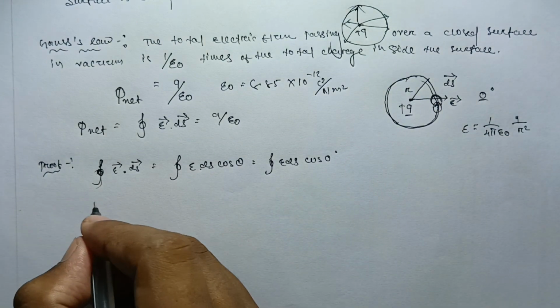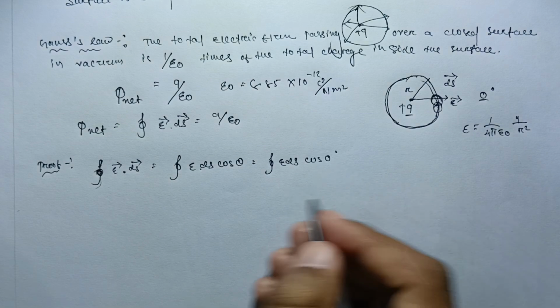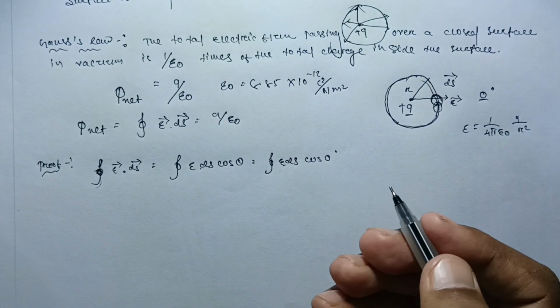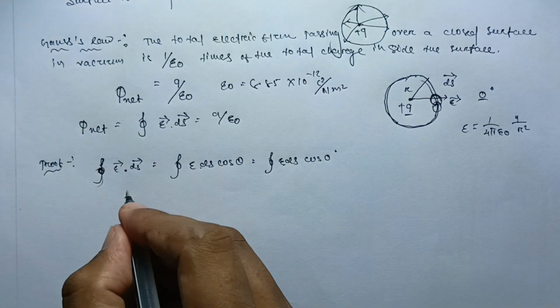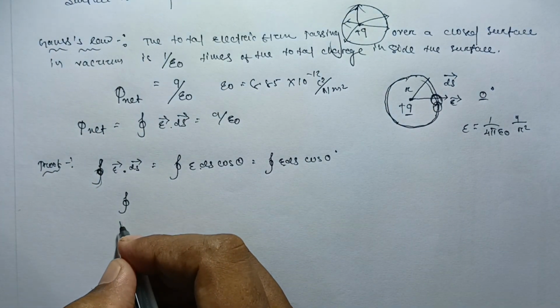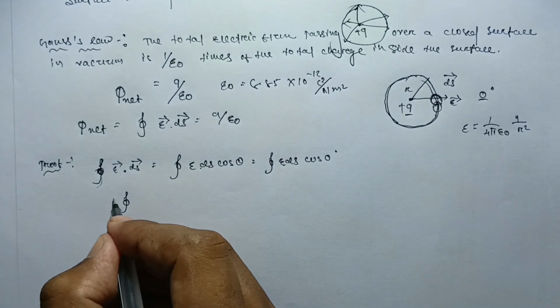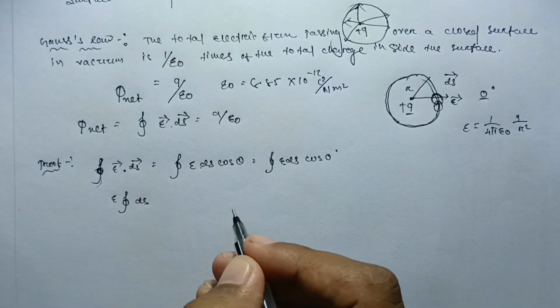So cos 0 degree equals 1, right? And after that, E is constant, so we write it outside of the integral, ds, right?